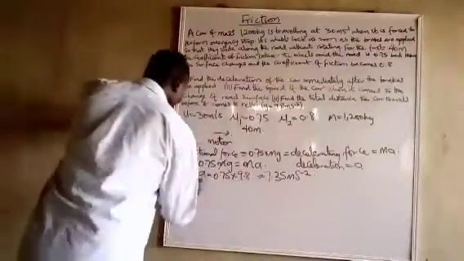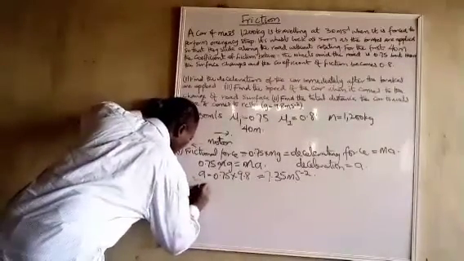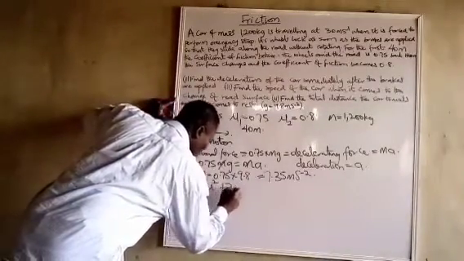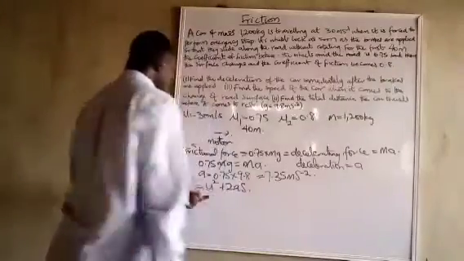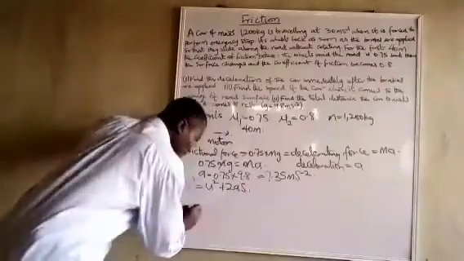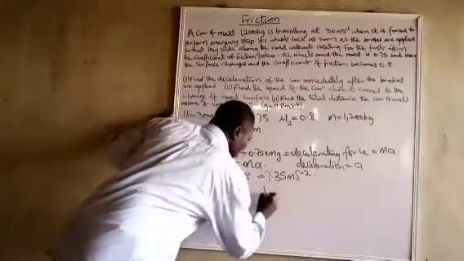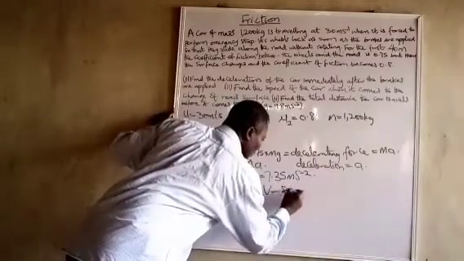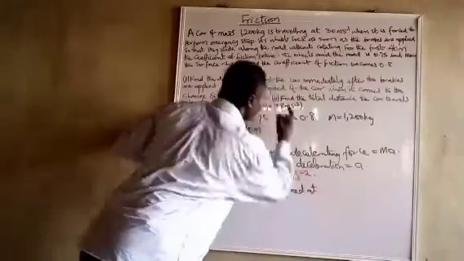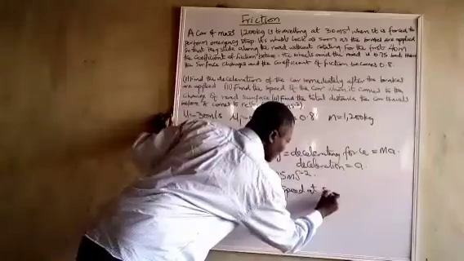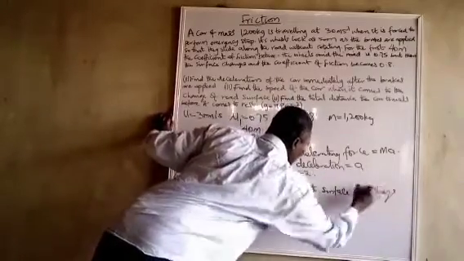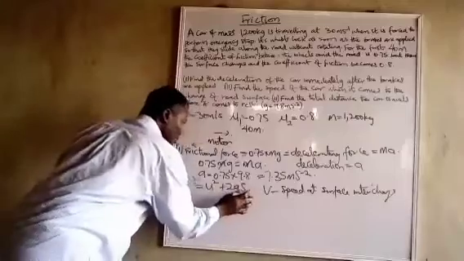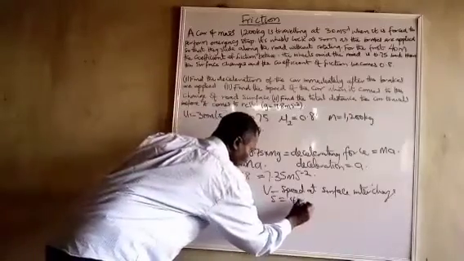Okay, so let's use V squared equals U squared plus 2AS. And we know what our A is, we know what our S is, we know what our U is. Therefore, we can now say where V is the speed at surface interchange. So, we know S to be 40 meters.